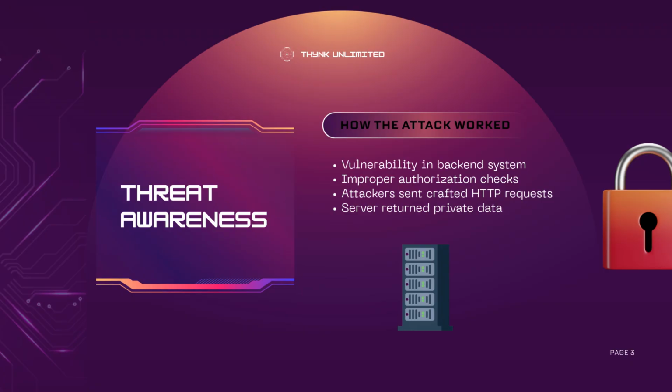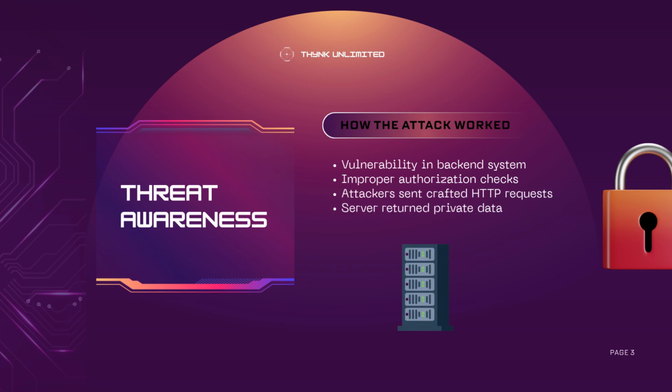In this case, attackers were able to send specially crafted HTTP requests directly to the server. These requests targeted the API that was responsible for fetching post data. However, the server failed to properly verify whether the user making the request was authorized to access the requested content.